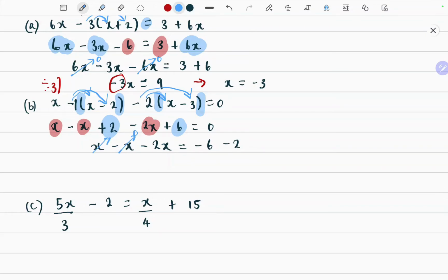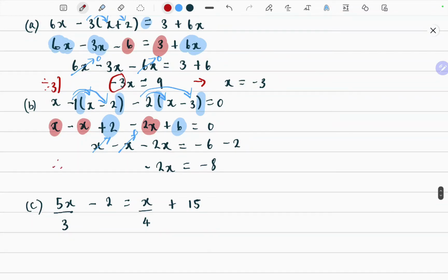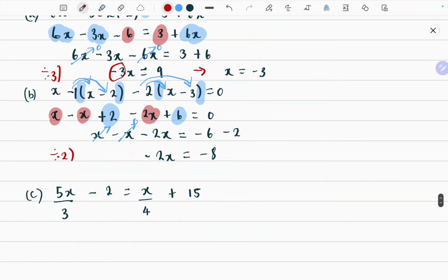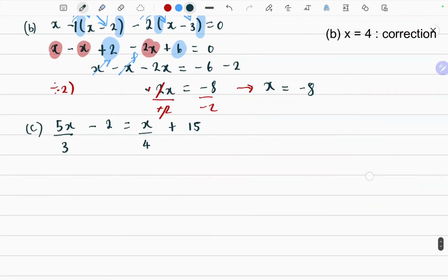On the left-hand side, you're left with minus 2x, and on the right-hand side, you have negative 8. So you divide both sides by negative 2 to isolate x. Negative 2 and negative 2 cancel out. So x should be equal to negative 8.